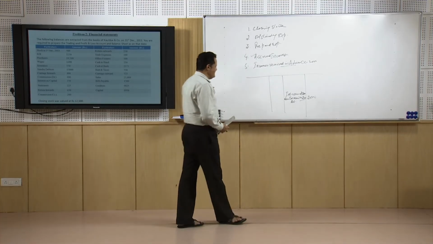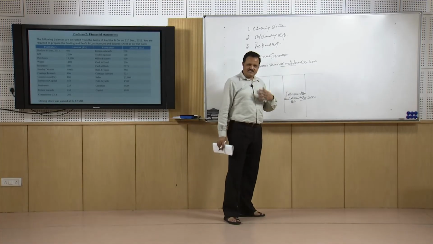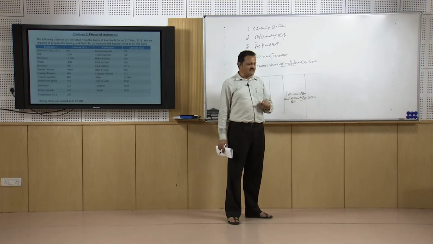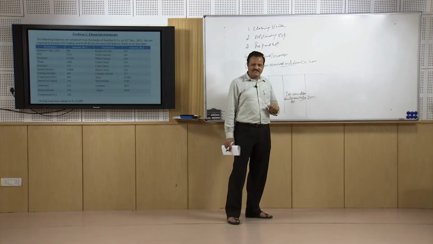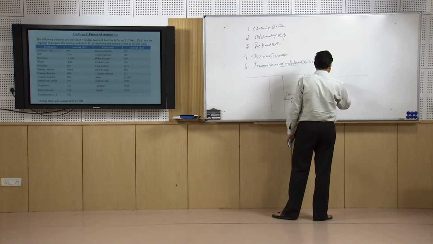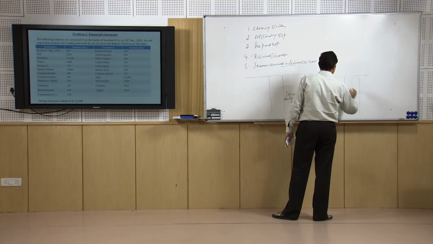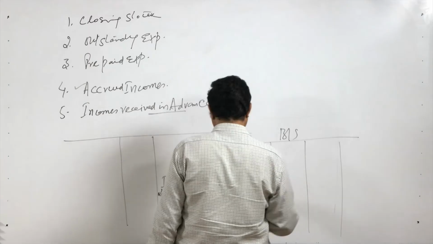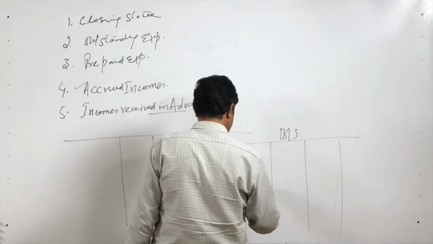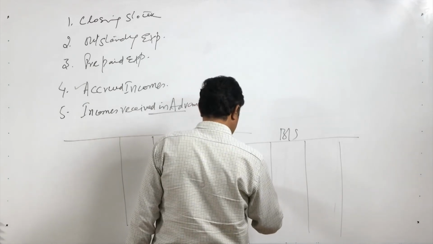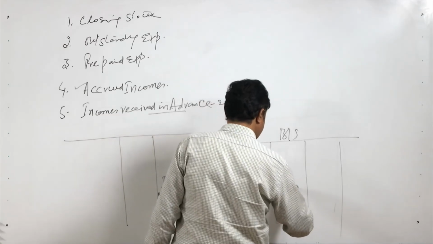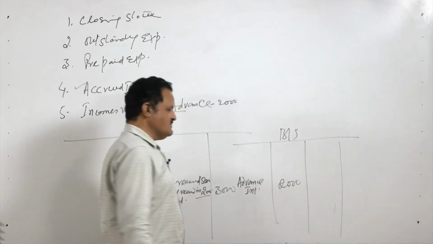So, one effect is that the income which has been received in advance, not yet earned, will be subtracted from the total income earned. That is the first effect in the profit and loss account, and the second effect will be in the balance sheet. In the balance sheet you will show the advance interest as a liability, and that will be 2000 rupees.